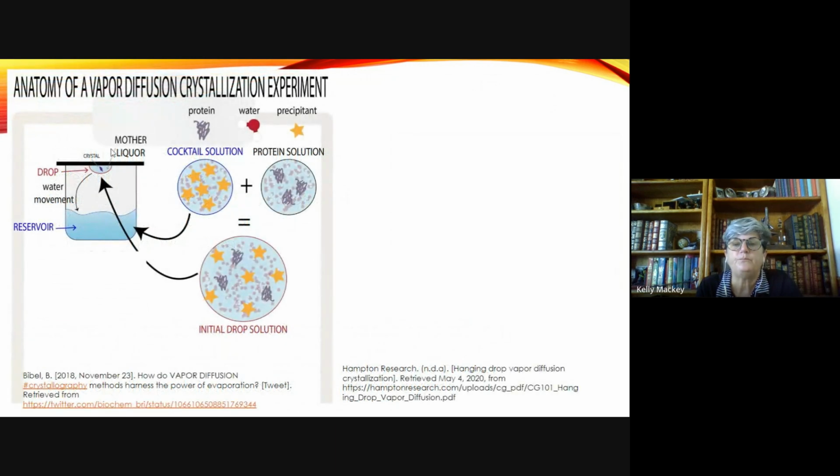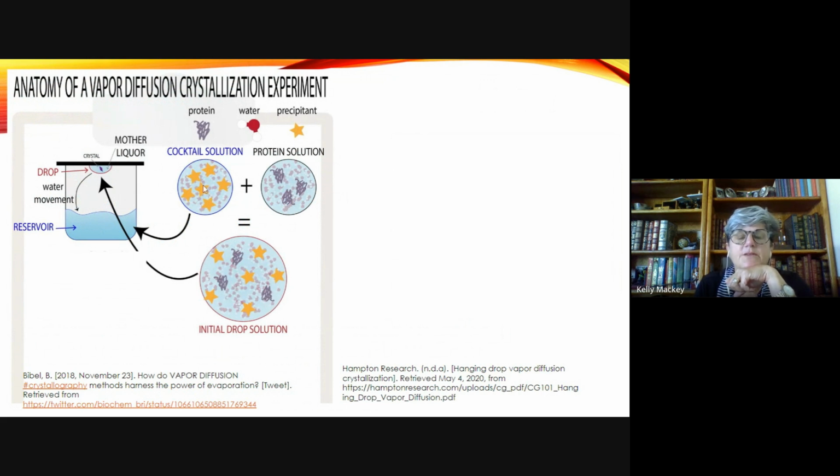So this is a view right here of one well, one of those wells in the plate. And the reservoir here has been filled with the solution. Here they're calling it the cocktail solution, but I've called it the precipitant or the mother liquor. Then we have the drop of protein mixed with the mother liquor here.